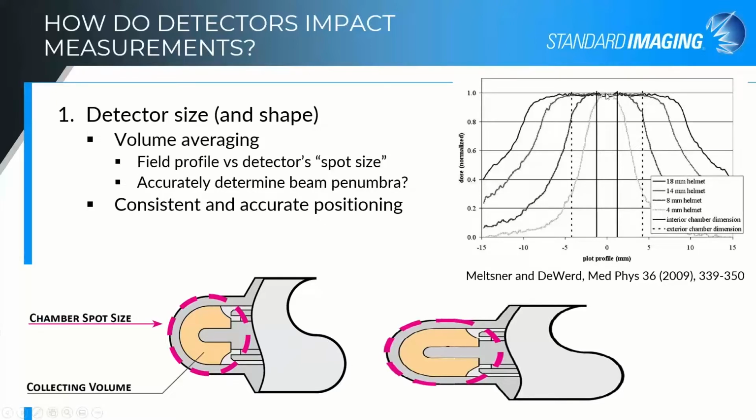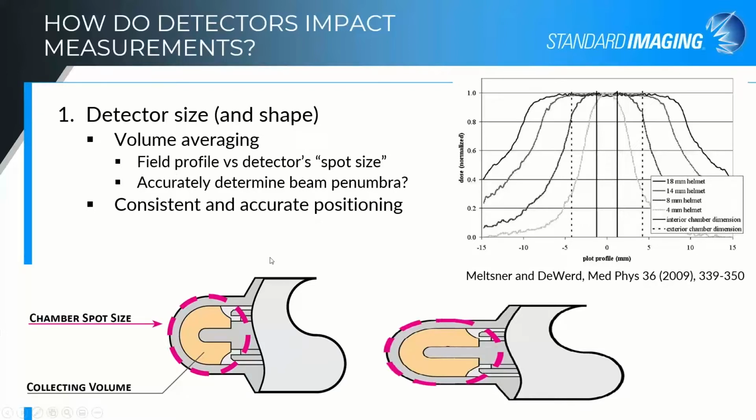Expected some volume averaging to occur with this 4mm helmet, but what came out of the publication is that the extent of actually the buildup around that active portion of the ion chamber also meant that the 8mm helmet was affected with some volume averaging. So it's important to think of not just how big is my air cavity, but how does that really impact this equilibrium off to the side with the full size of my detector and the shape of my detector.